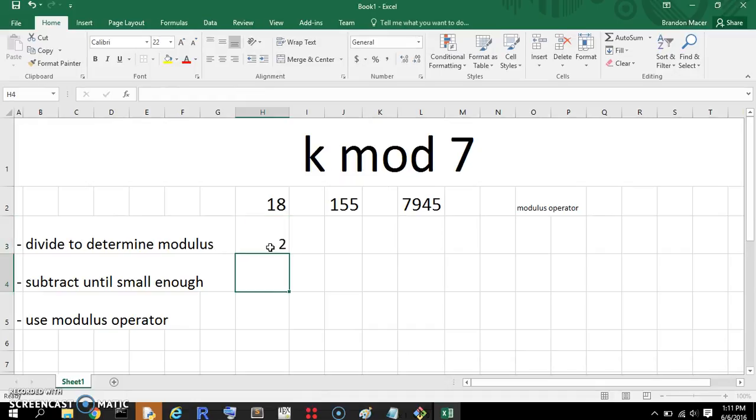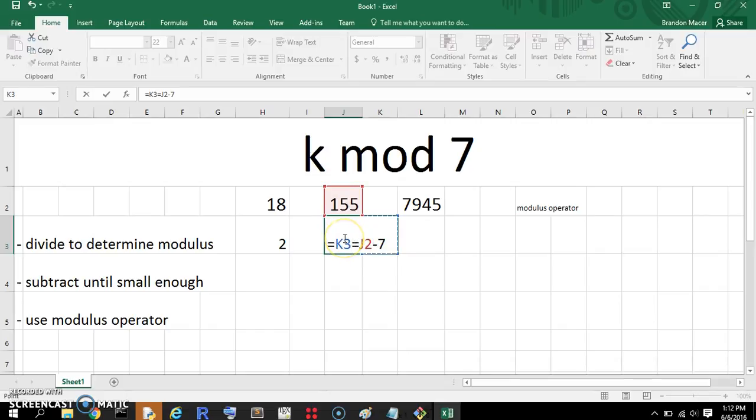Another way is to subtract the modulus amount until you get a value between 0 and 1 less than the modulus number. We'll do this with 155. This is a long way to do it, but maybe from a different perspective it will help you see what a modulus is. I just used Excel: this minus 7, and then this minus 7, and I'm just going to drag it down.